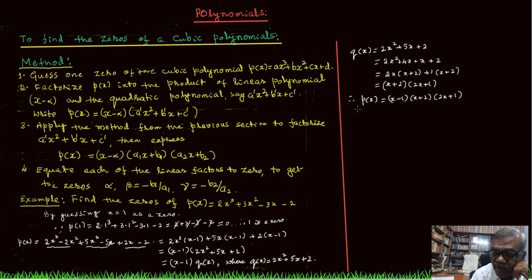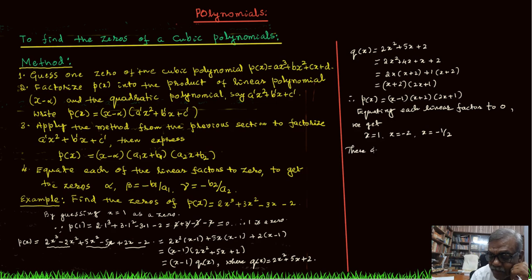Equating each linear factor to 0, we get x = 1, x = −2, and x = −1/2. And therefore these are the zeros of this cubic polynomial p(x) = 2x³ + 3x² − 3x − 2.